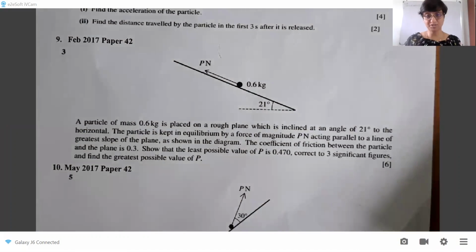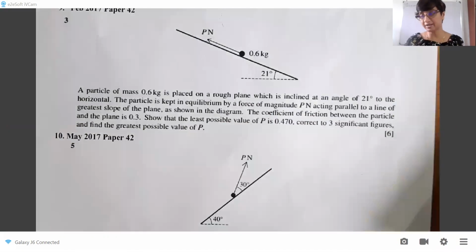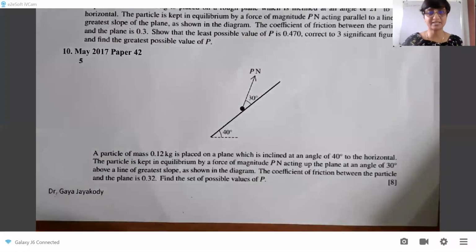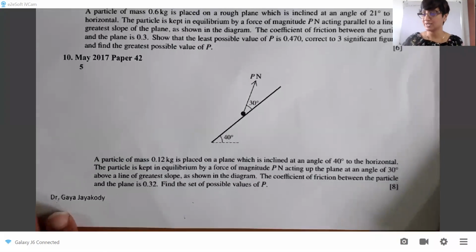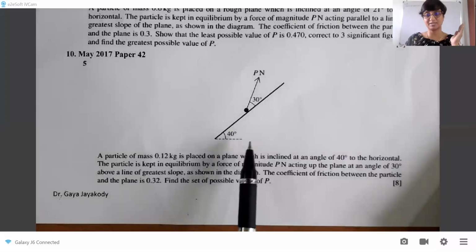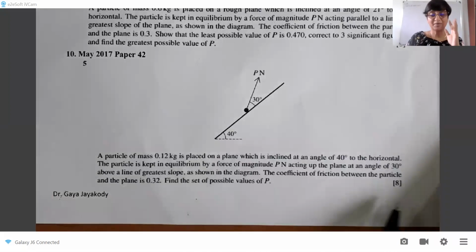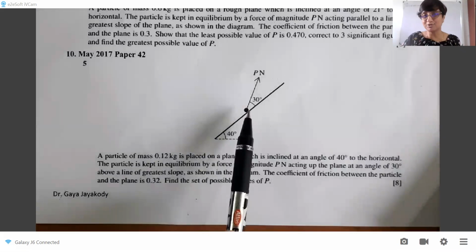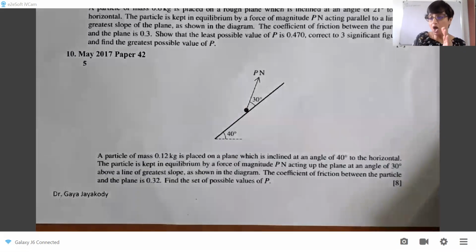So, this is good. You did that on your own, which means it's good. It's 6 marks. And this 10th question, I will just show you the only difference. Now, this is difficult, 8 marks. Why is this more difficult? That external force applied is not parallel to the slope. It's at an angle.